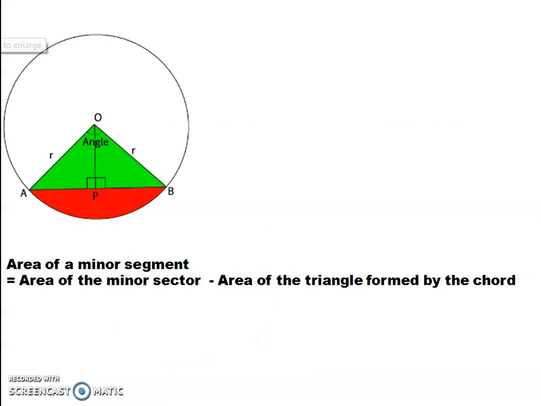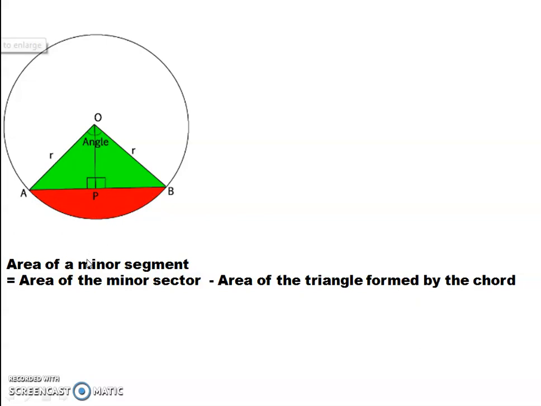Area of a minor segment. Now, look here children. This is a minor sector. The full portion is known as minor sector. Then how will you find the area of this segment? The red color denotes the minor segment.